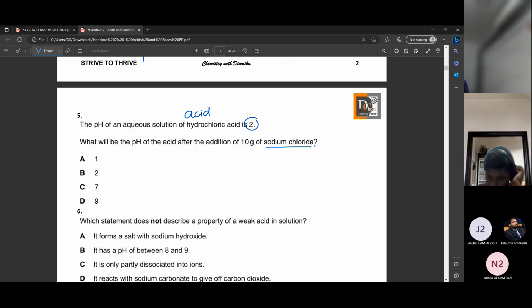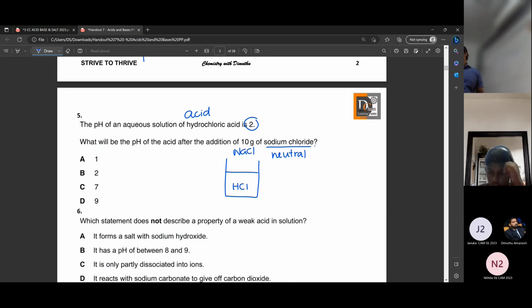Neutral salt. Why do you say it's a neutral salt? It's made of sodium hydroxide and HCl, a strong base and a strong acid, so it makes a neutral salt. So first of all, we are going to think about whether HCl and sodium chloride have a reaction.